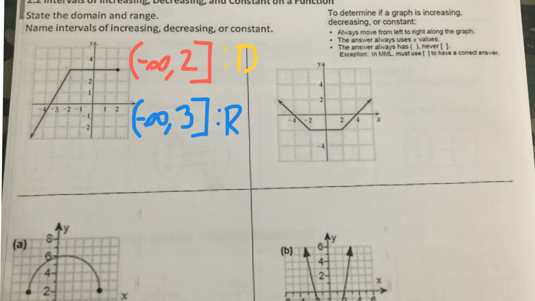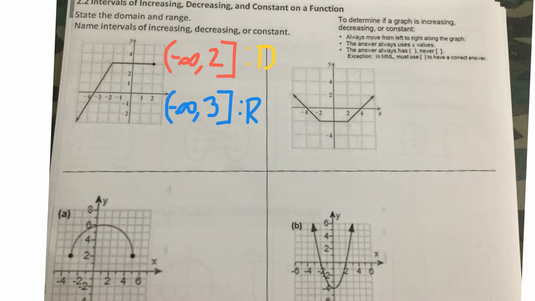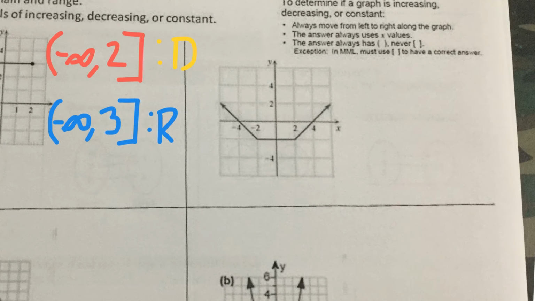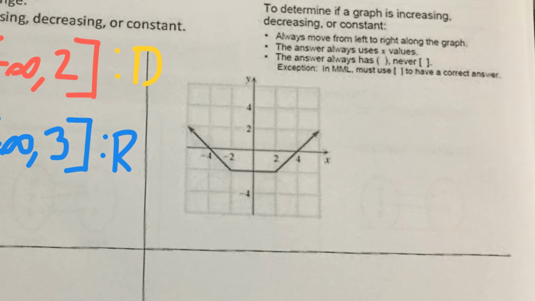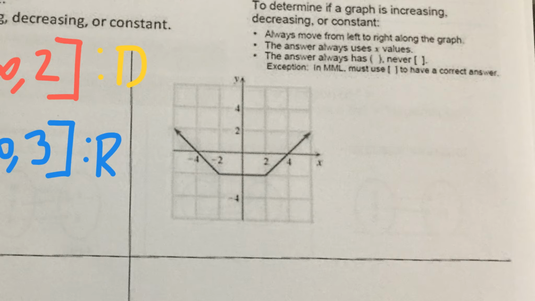So I'm gonna keep the same message. I'm gonna do all 4 of them domain and range first. So let's look at this one. Okay, so again, looking for the domain, that is the possible x values. So I'm starting looking at the left. How far left does this graph go? Well, it's got an arrow, which means it's going to continue in the left direction forever. So the lowest x value is negative infinity.